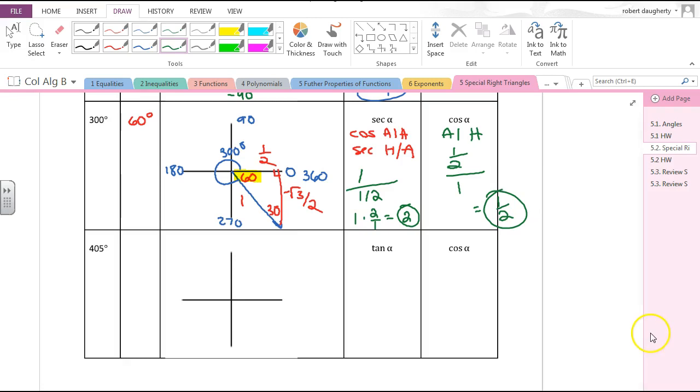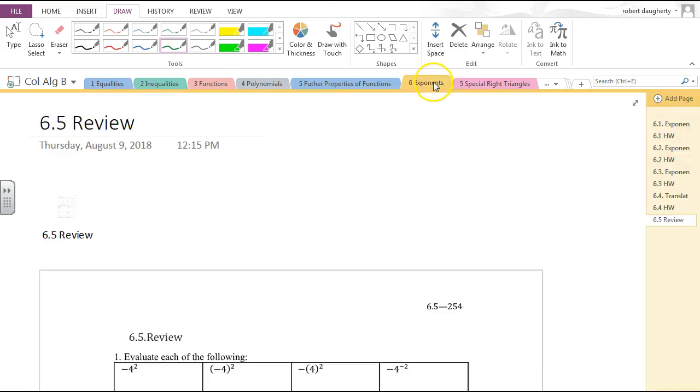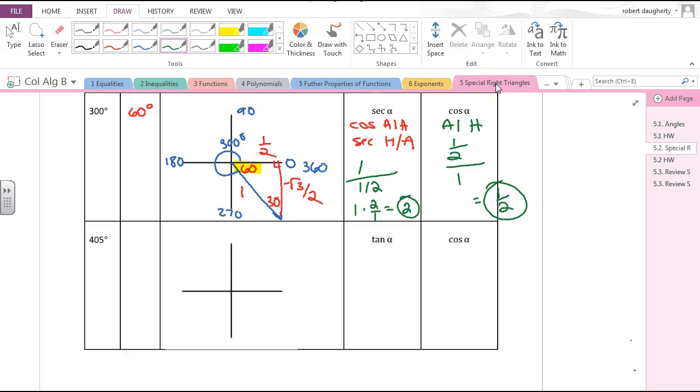Okay, last one. 405 degrees. What do we know about this one automatically up front? What kind of angle is that?